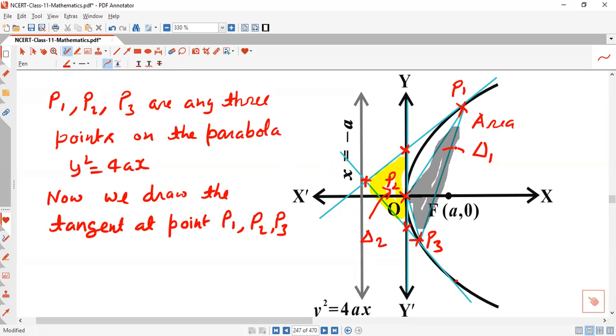So what is the relationship between the area of delta 1 and delta 2?